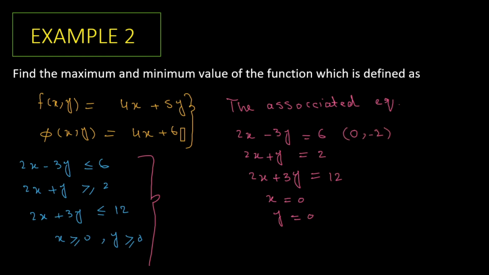And the second point is, for y is equal to 0, we get 2x is equal to 6, which means x is equal to 3. So (3, 0) is our point.